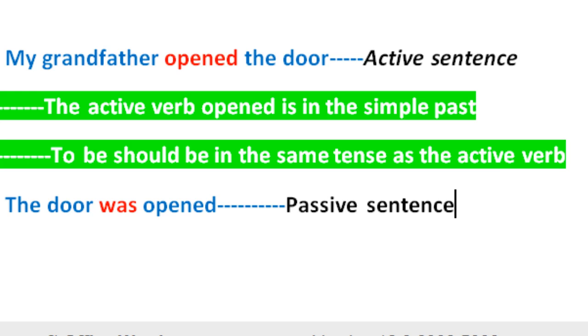As you can see here in these two examples, my grandfather opened the window. So here the verb is in the simple past. If we want to change this sentence into the passive voice, we have to put "to be" into the simple past, which is "was". So: the door was opened. We can add "by my grandfather".